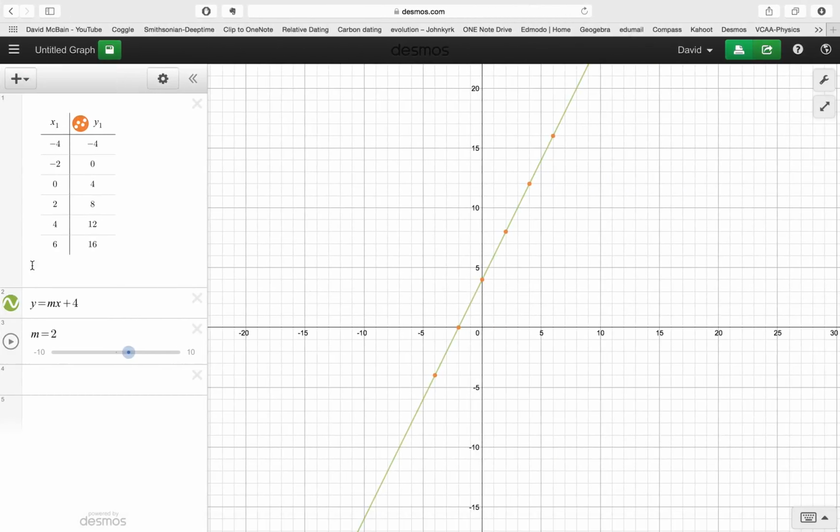So we will get rid of that. So it's -3, 0, 4, 9, 10, and we don't need that last value.